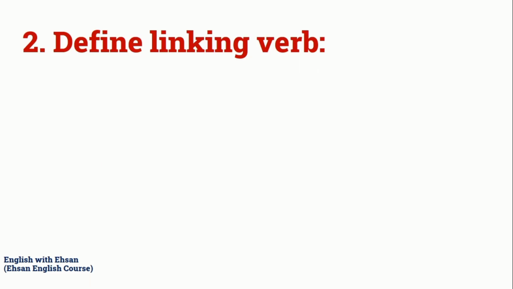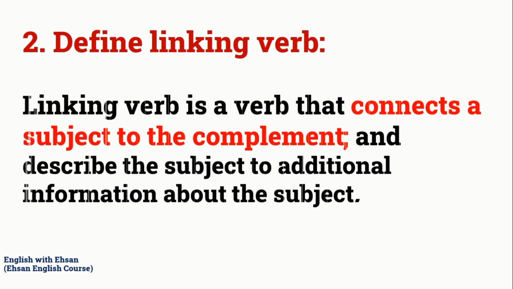And here, number two, define linking verbs. A linking verb is a verb that connects a subject to the complement and describes the subject, giving additional information about the subject.